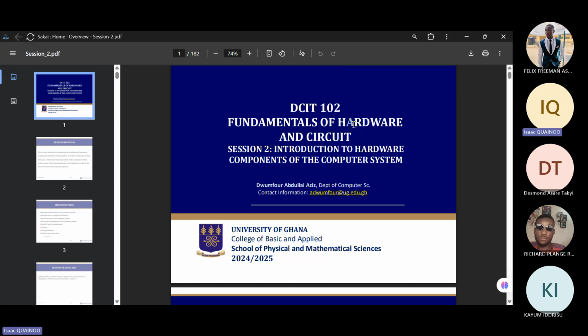Okay, so today we are supposed to look at section 2 of DCIT 102. In our last meeting for 102, we looked at section 1, and it's very important that we move on to section 2.